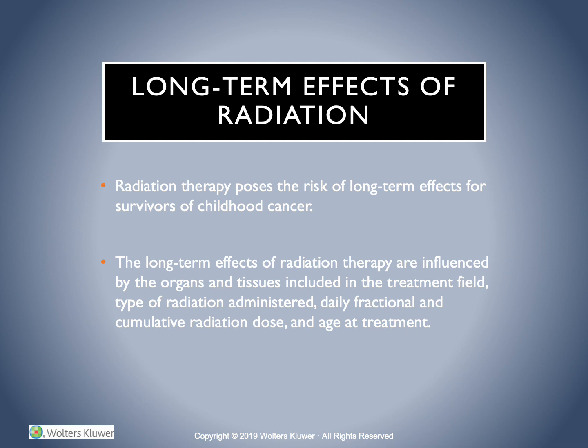Radiation also has the potential to lead to second cancers. While radiation therapy is effective in treating the initial cancer, it may increase the risk of the child developing a secondary cancer later in life. Radiation has also been shown to impact a child's fertility, leading to infertility or an increased risk of pregnancy complications.